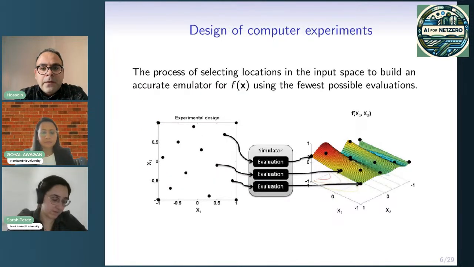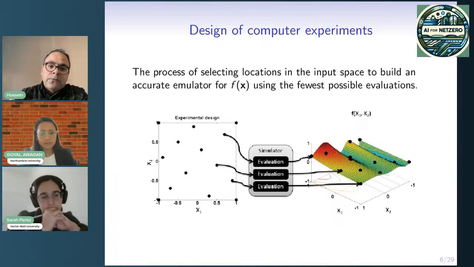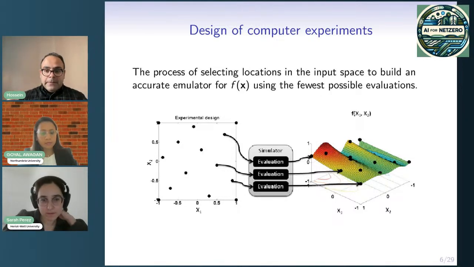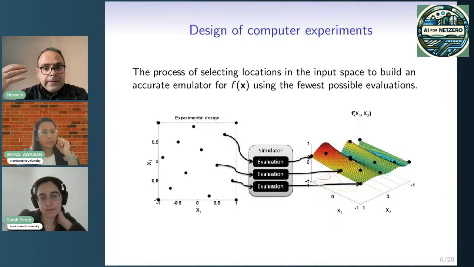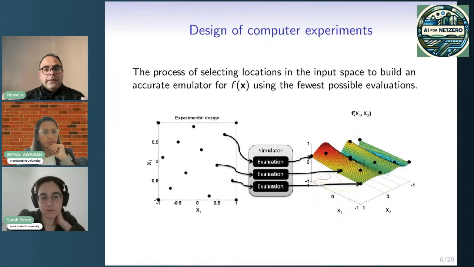Okay. A design of computer experiments refers to the process of selecting a couple of input values from our parameter space to construct an accurate emulator for the model output f of x, of course, using the minimum number of model evaluations because they are expensive.